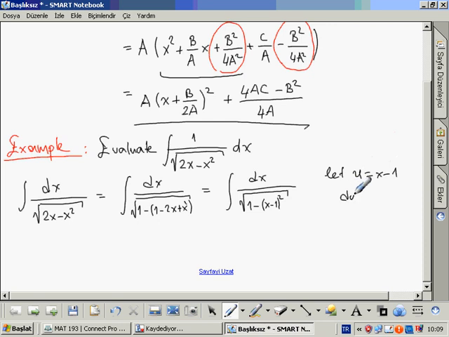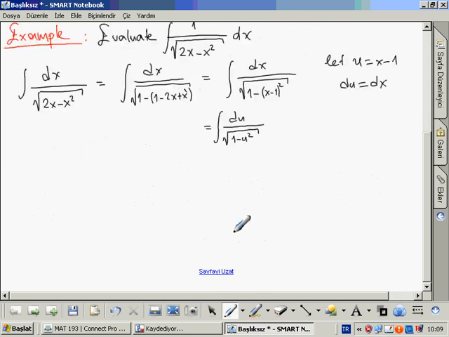So du will be dx, and the integral, I'm sorry, du over the square root of 1 minus u squared, is equal to inverse sine u plus c.